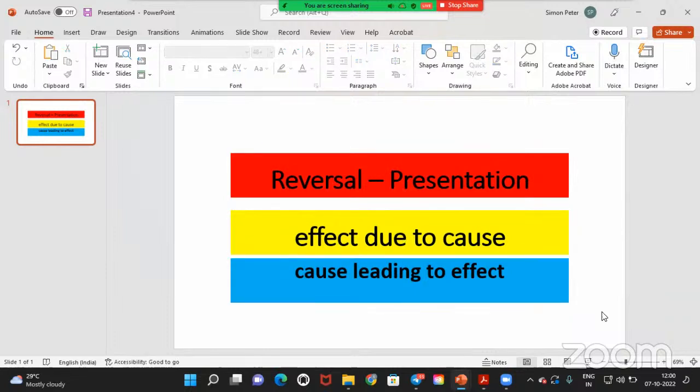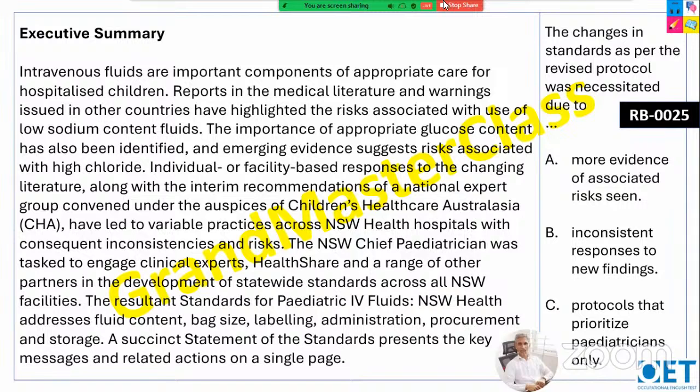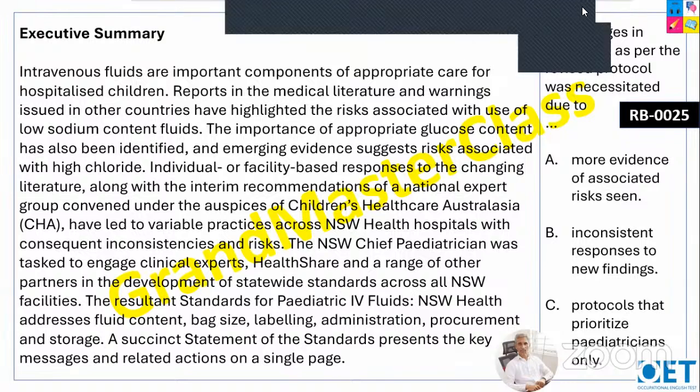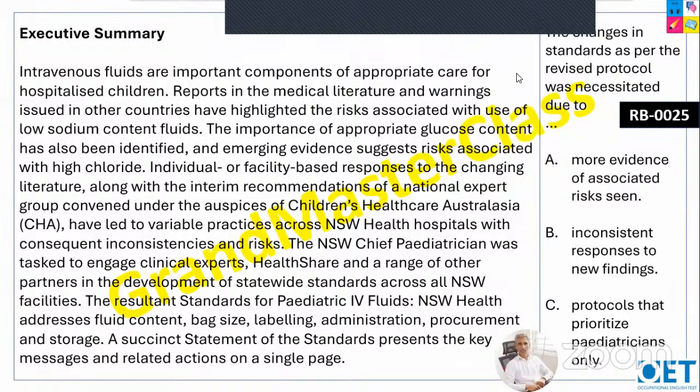So this is from effect to cause. This is cause to effect. Now let us see here very carefully. I'm going to show you the same thing. Just identify, this is what I'm telling you every time.